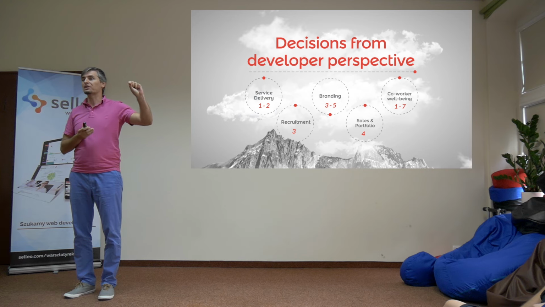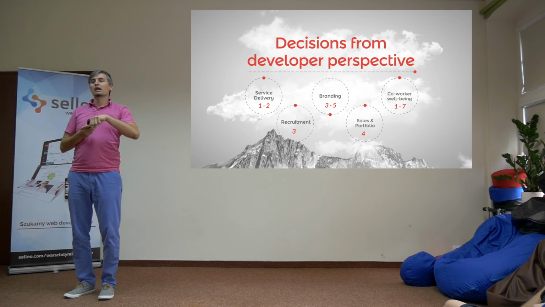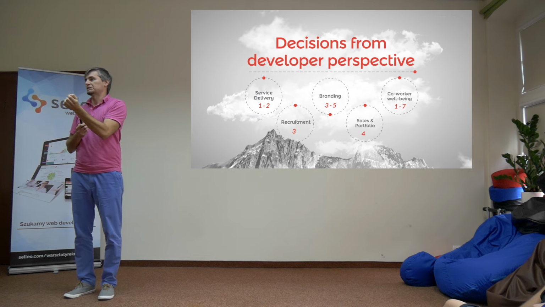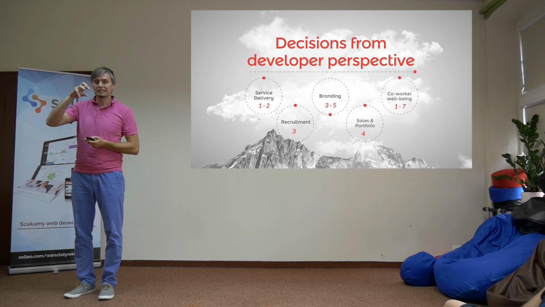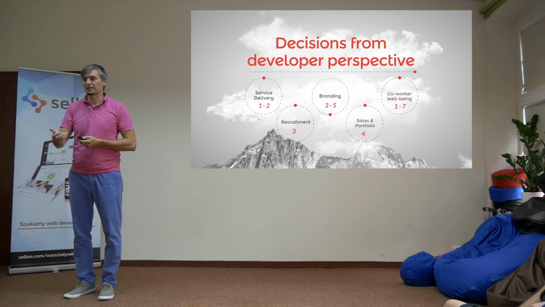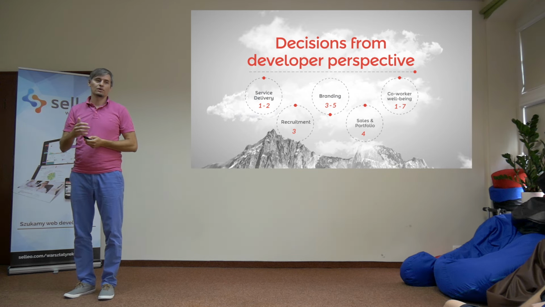And there is number 3 there. So developers can consult someone from the leadership team. What's your opinion? What do you think about it? But the decision is on their side.